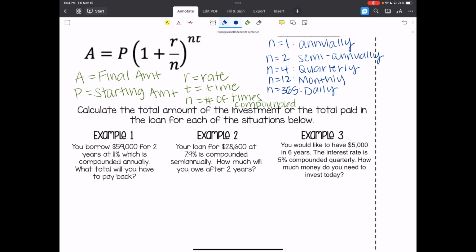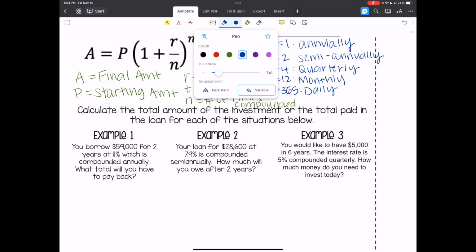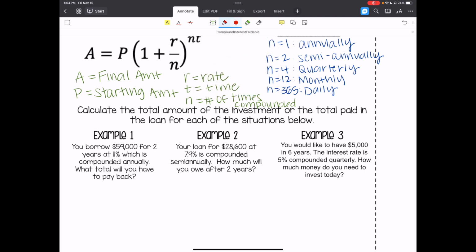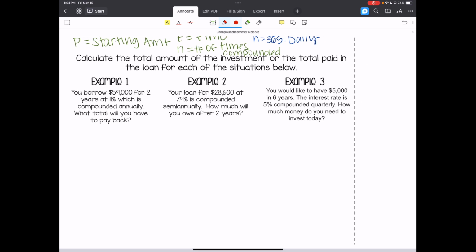So let's go ahead and look at our first example. It says you borrow $59,000 for 2 years at 11%, which is compounded annually. What total will you have to pay back? So if we look at our formula, our P value, our starting amount, is that 59,000.